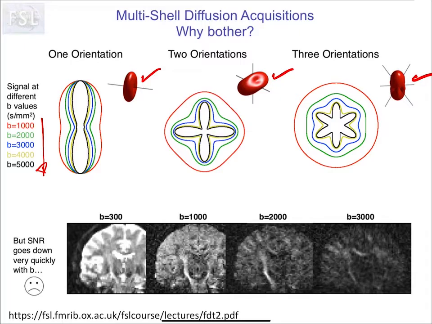If this is the fiber and the B value is not very strong, then the signal this way versus the signal this way may not have much difference, because there's only a little bit of decay. The bigger B value I make, this signal falls, I basically kill this signal. And so there's a very big distinction between this signal and this signal, and your effective angular resolution becomes much higher with B value.